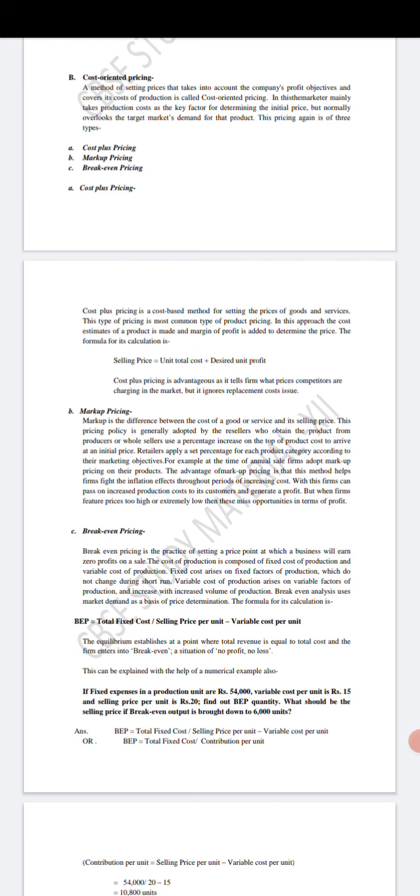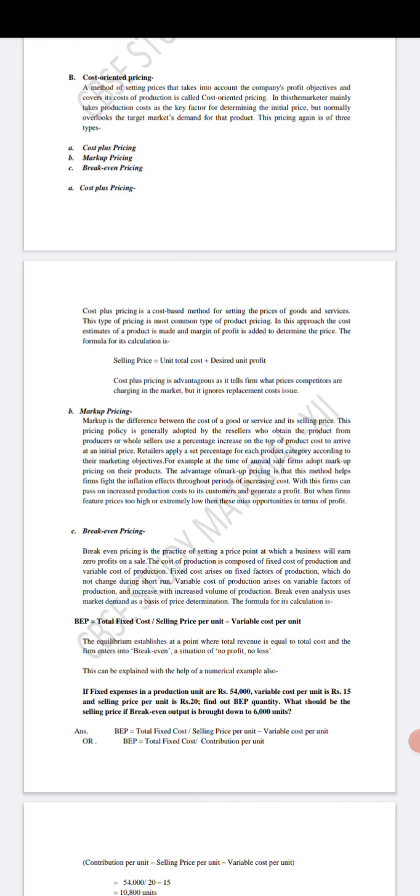As we know, a product is manufactured by a manufacturer or producer and it is consumed by a consumer. But we also know that the manufacturer doesn't directly sell the product to the customer. The product always goes to the wholesaler, retailer, distributor, and finally comes to the customer. So they add something to the price that is called markup.